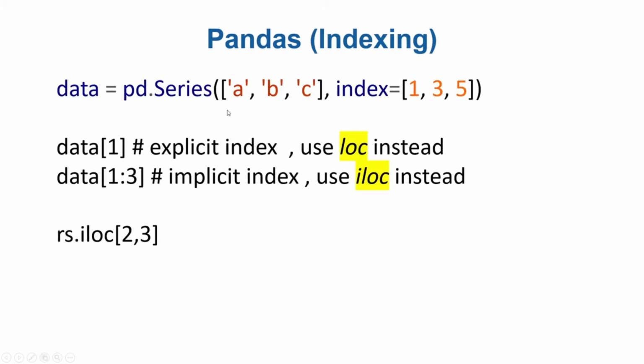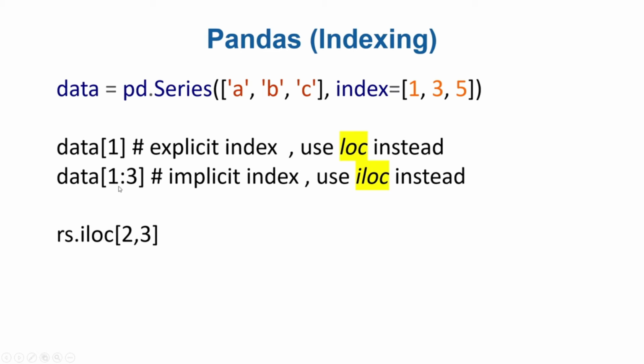Next, as I mentioned earlier, we are going to see the confusion between implicit and explicit indices, which I will discuss in the next video. Just to give you a look and feel, what if the explicit indices you supply are 1, 3, and 5, and what if you call the command 1:3?